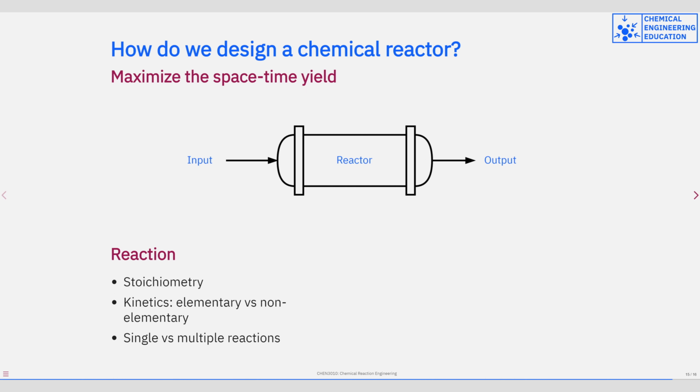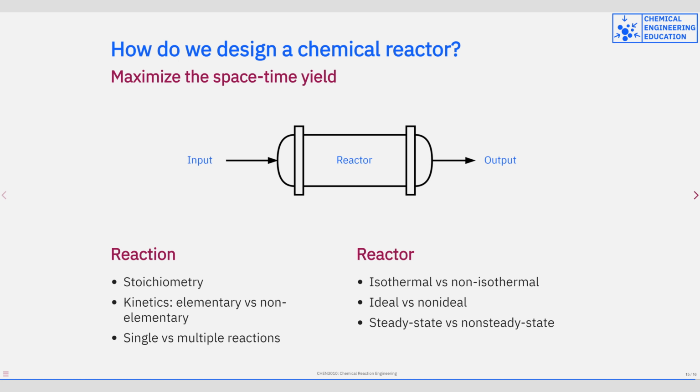Single versus multiple reactions. Whether one or multiple reactions occur simultaneously can impact the yield of desired products and the design of the reactor. On the reactor side, isothermal versus non-isothermal operations. An isothermal reactor maintains a constant temperature which can simplify design and control, whereas non-isothermal reactors have temperature variations that can affect reaction rates and yields.